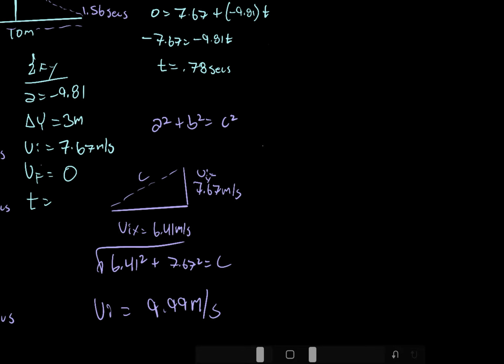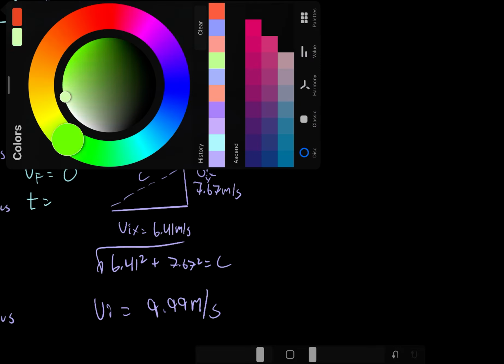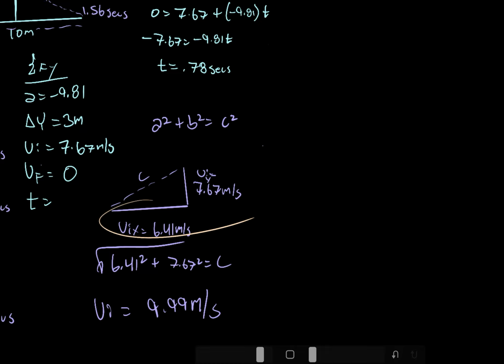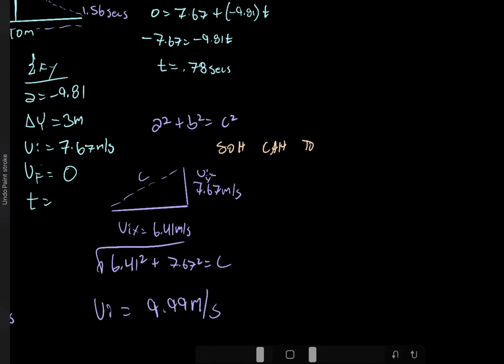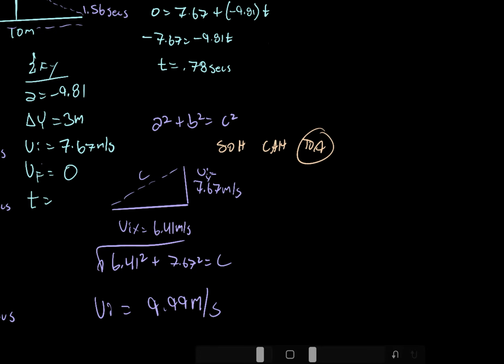And we can use this same information here to actually find the angle. If you guys remember SOHCAHTOA, we'll use TOA in this example.